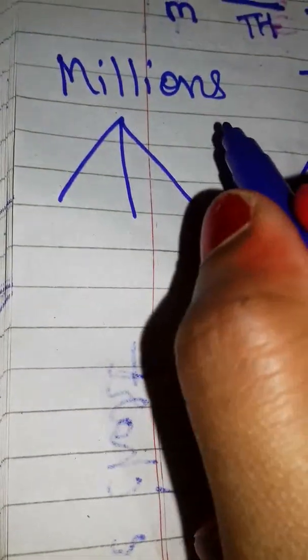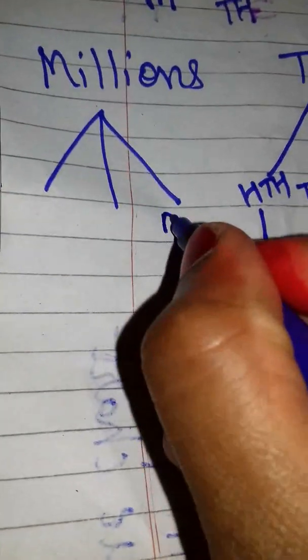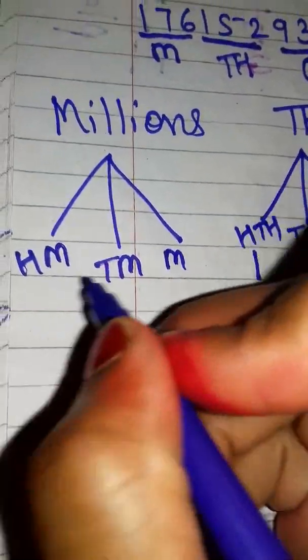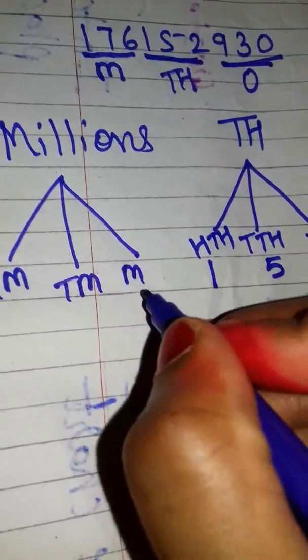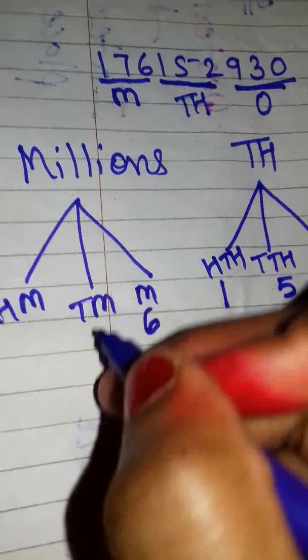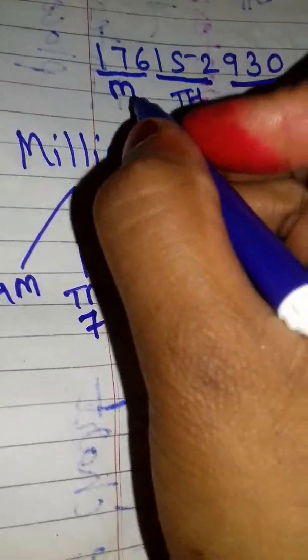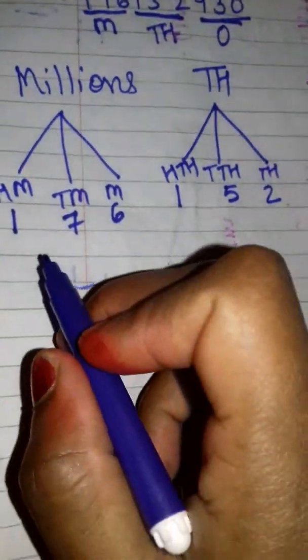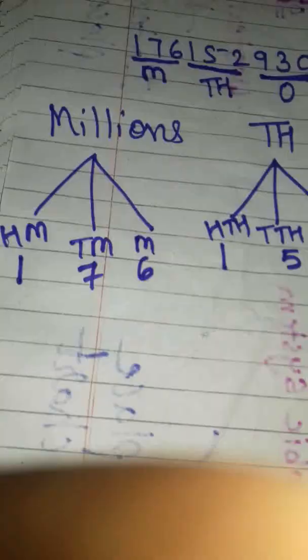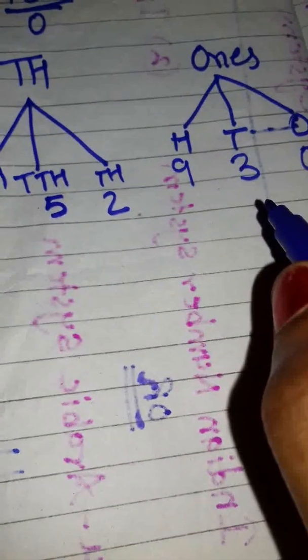Now next is the million period, in which are million, ten million, hundred million. Now let us see the digits which belong to this period. This is million period. At million 6 is given, at ten million 7 is given, and at hundred million 1 is given. So you can see in all the periods we have arranged the digits.